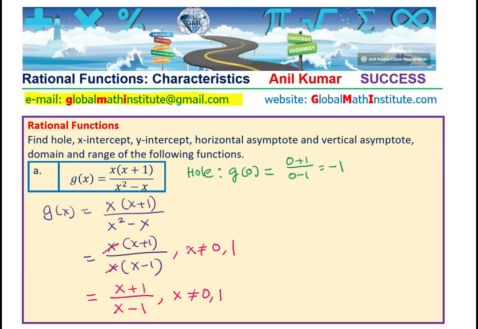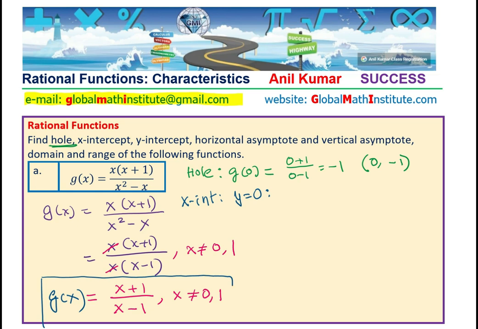And that really means the hole exists where the value is minus 1. Does that make sense? So this is how we'll find the location of the hole. Is that clear to you, right? Perfect. Now, the x-intercept. So x-intercept, as I said, is where y equals 0, right? So we are always going to use this particular equation to further write down the characteristics, correct?